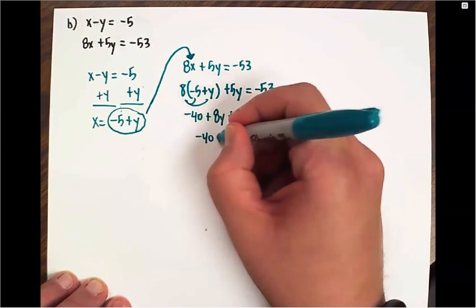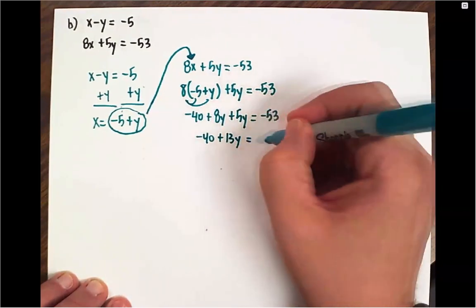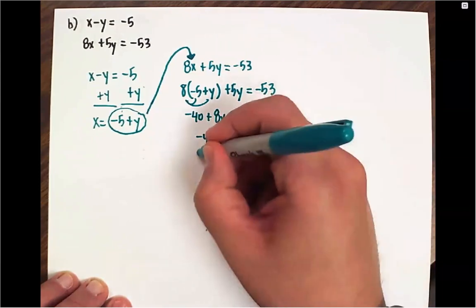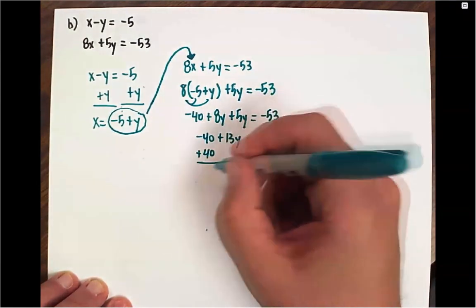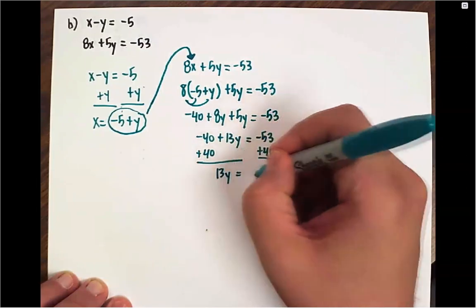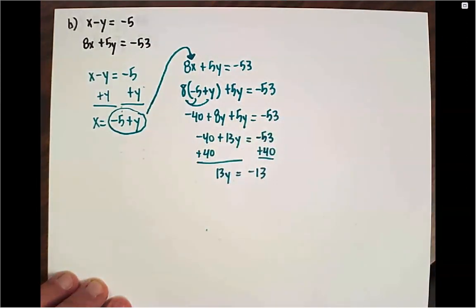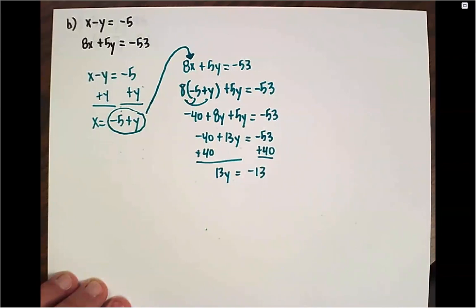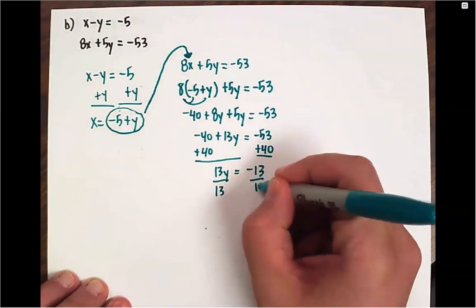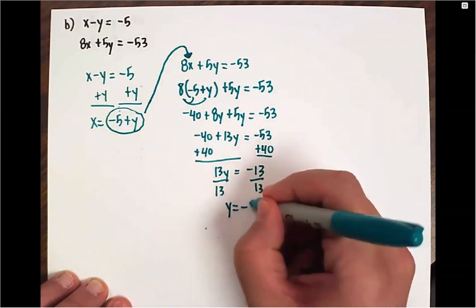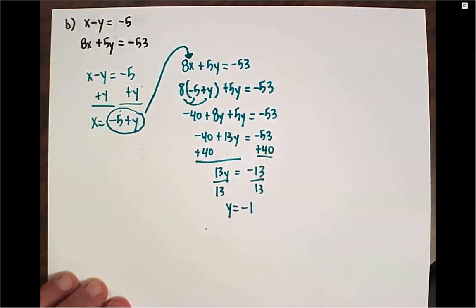So negative 40 plus 13y equals negative 53. And if I add 40 to both sides, I get 13y equals negative 13. Then if I divide both sides by 13, I get y equals negative 1.